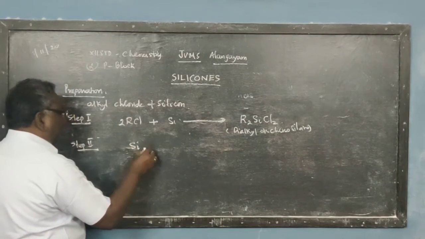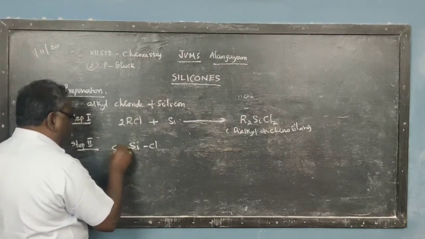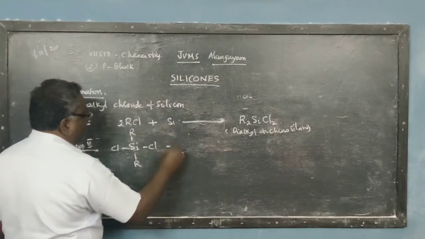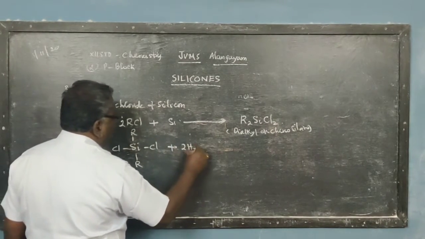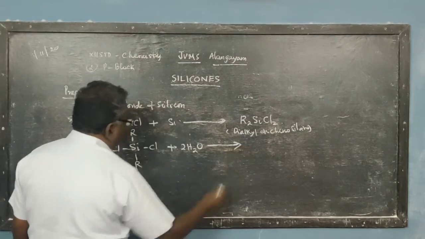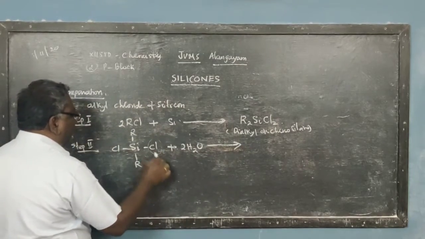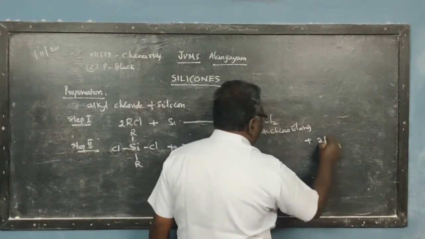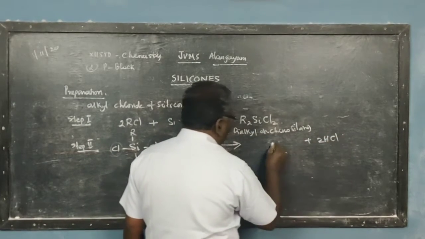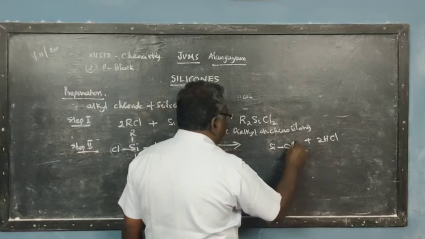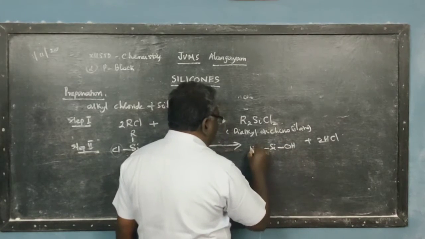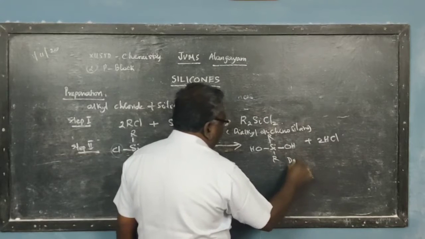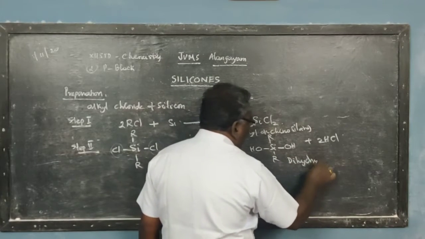Put silicon in the middle, 1 chlorine here, 1 chlorine here, 1 alkyl group here, 1 alkyl group here. It undergoes hydrolysis with 2 water molecules. Then 2 hydrogens will join with 2 chlorines, forming 2 HCl, and it becomes Si(OH)2R2, and this is dihydric silicon.